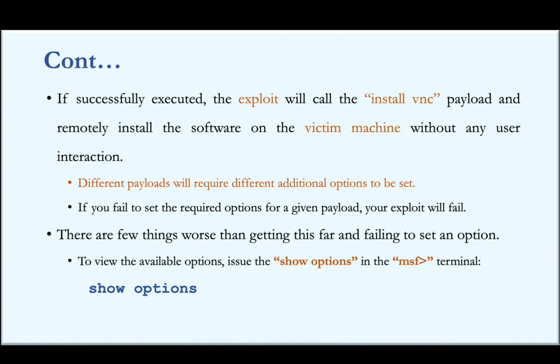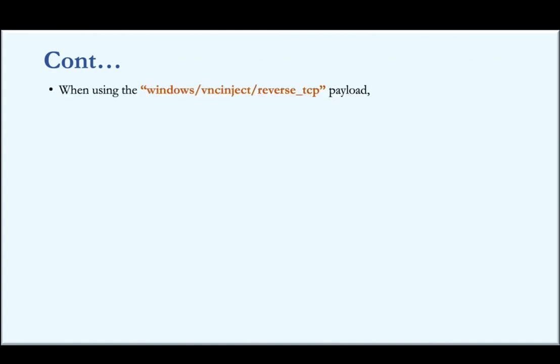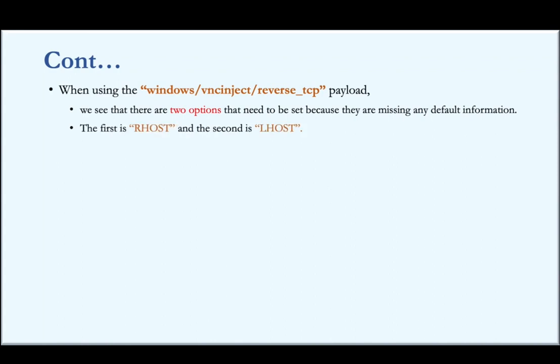When using the Windows VNC inject reverse TCP payload, we see that there are two options that need to be set because they are missing default information. The first is remote host and the second is local host.